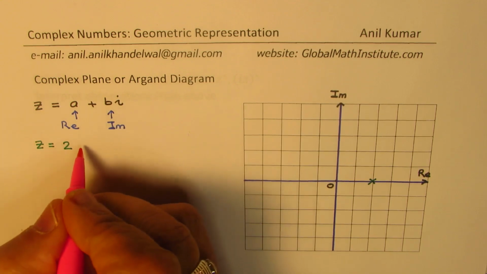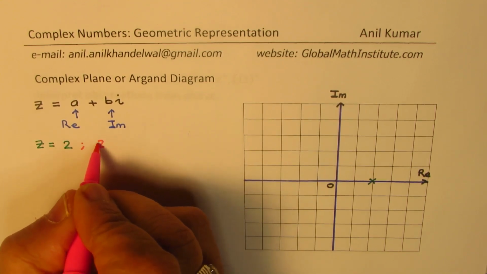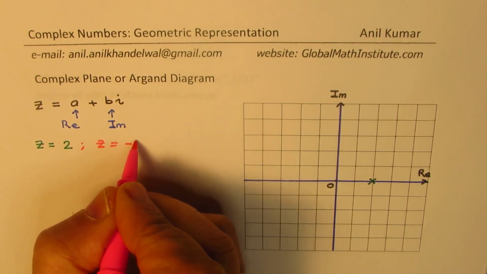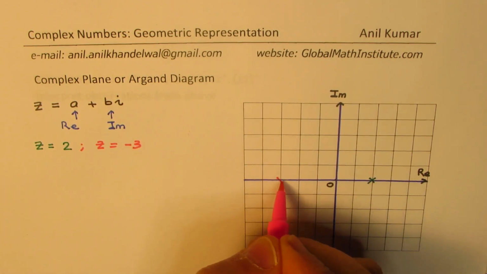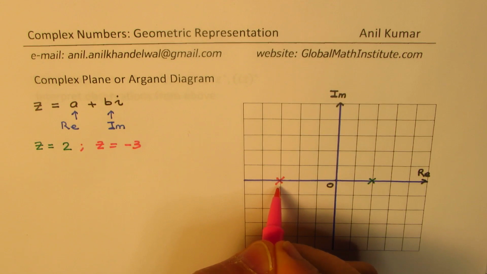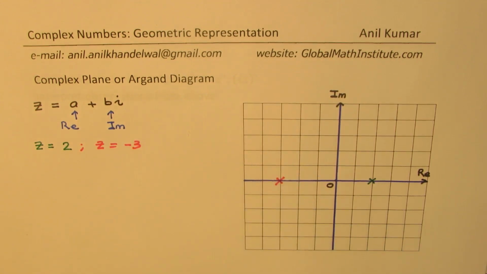If there is a point which is, let us say, z equals minus 3, then minus 3 will be represented on the other side, and that becomes z equals minus 3. So as you can see, the real parts are represented on the horizontal axis.